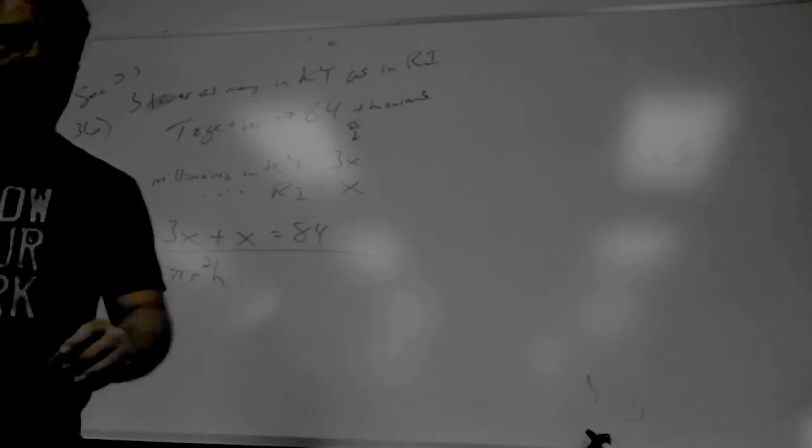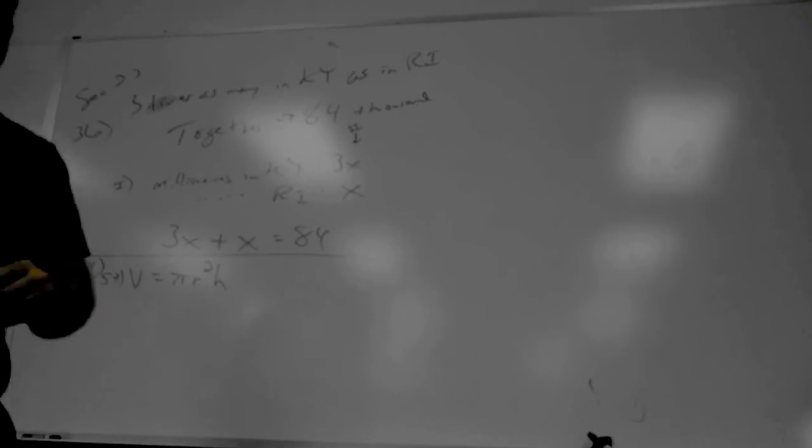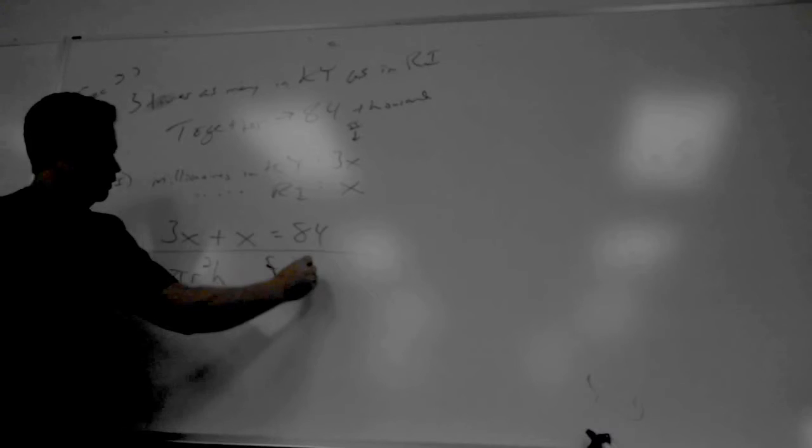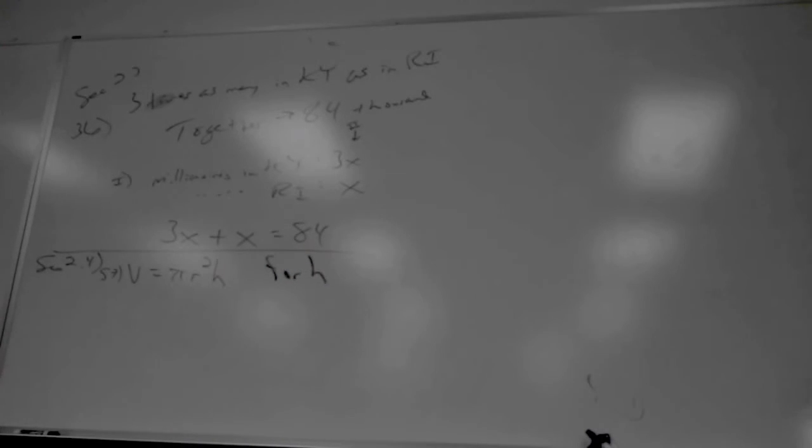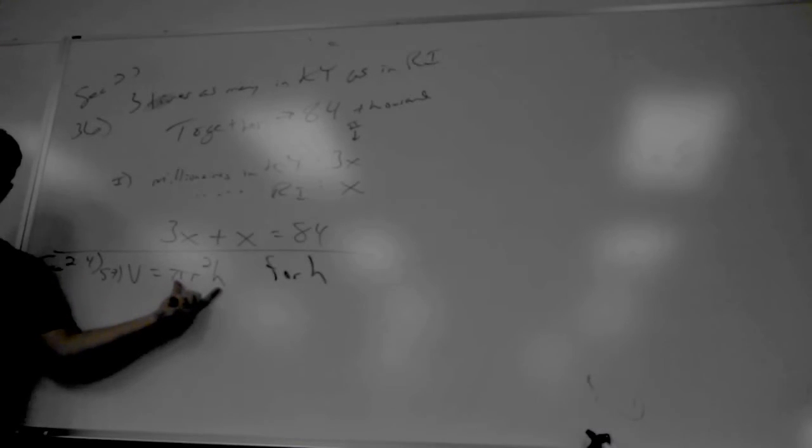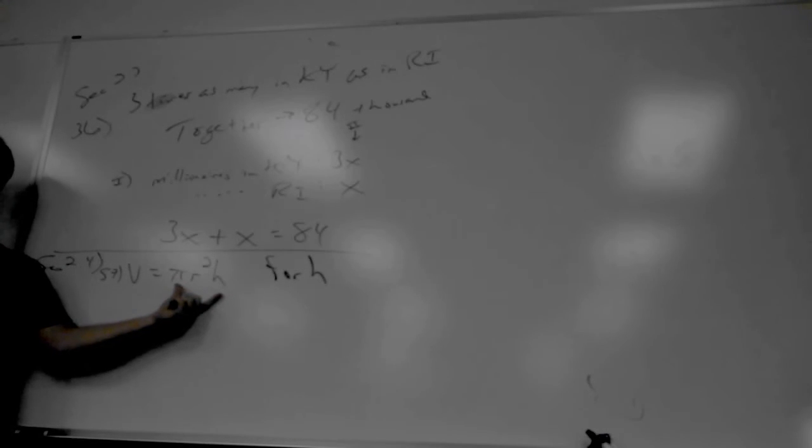There's absolutely no numbers in there because there's no 2 in there. That just means there's 2 r's, right? So how do I solve this? They say solve this for h. I want to get h by itself. How many terms are over here? 1.